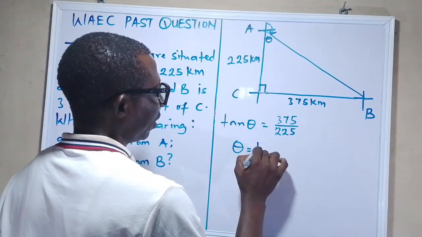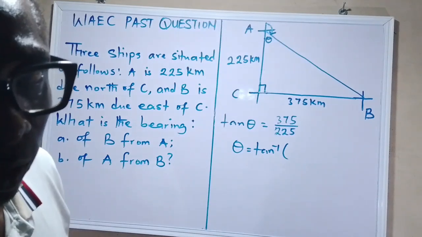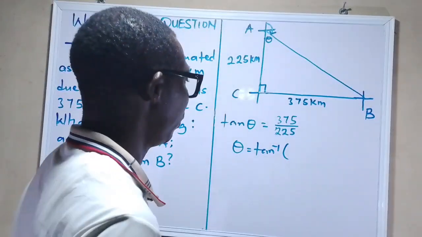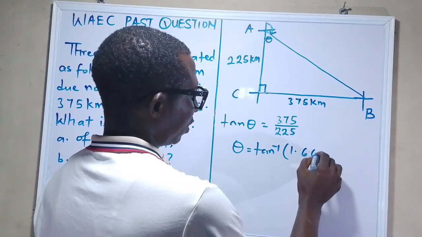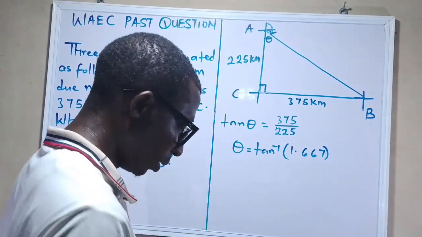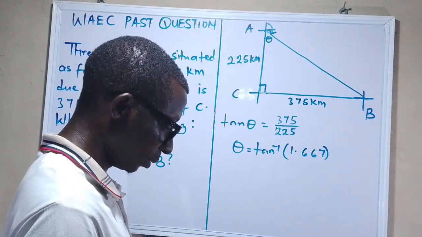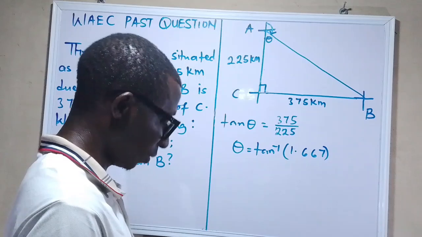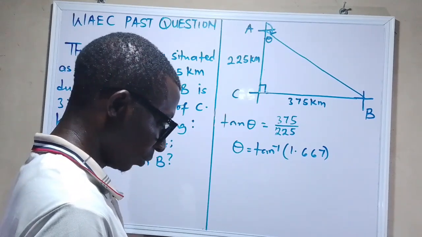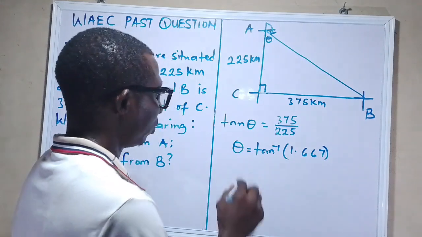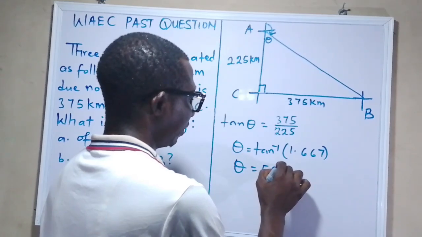Okay, theta will be arctan of, you can make use of your calculator, 1.667. And then you find arctan of 1.667. When you do that, theta is going to be approximately 59 degrees.